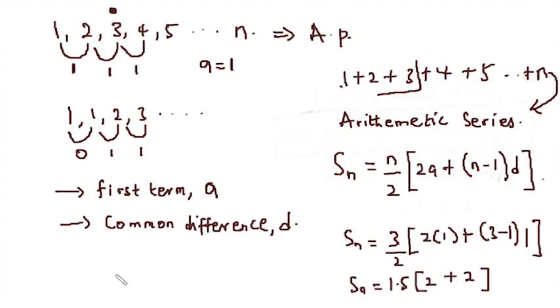So we have Sn is equal to 1.5 times 4, right? So this is ultimately equal to 6. If you come and check here, 1 plus 2 is 3, and then plus 3 is 6.